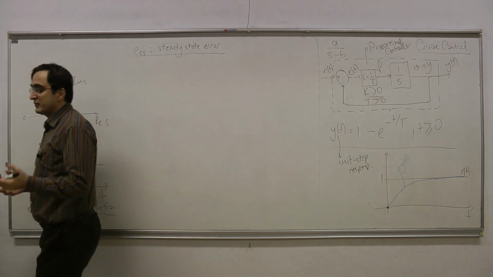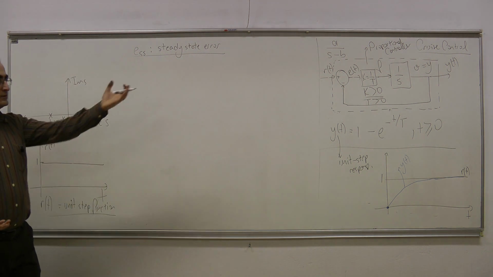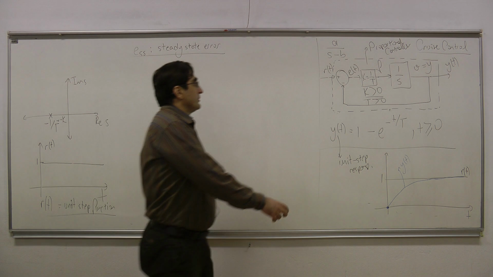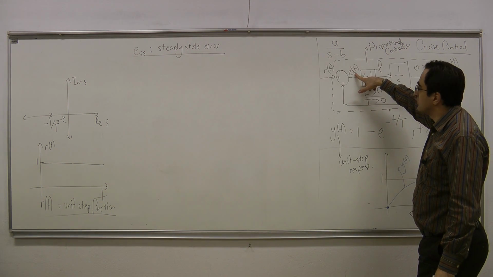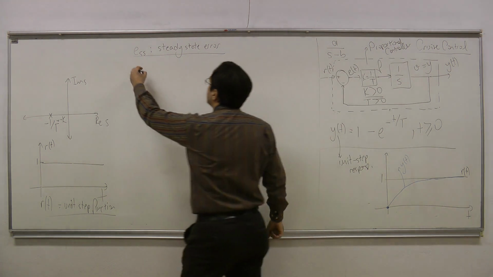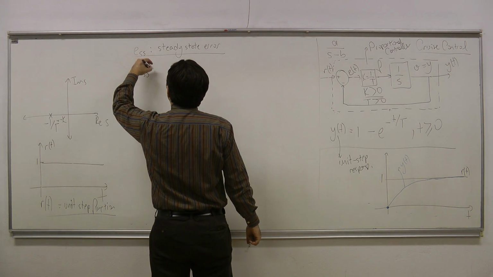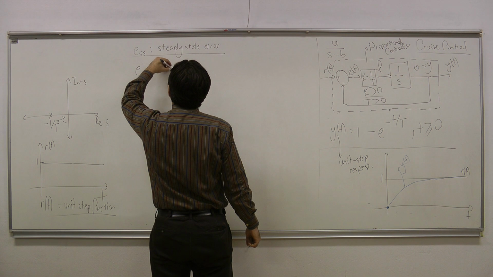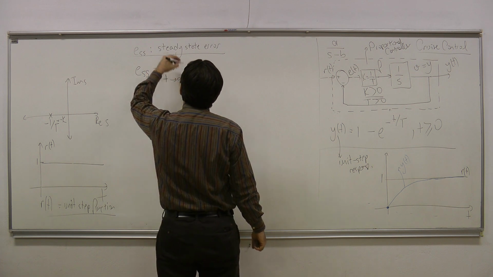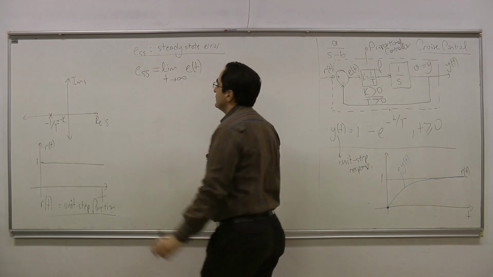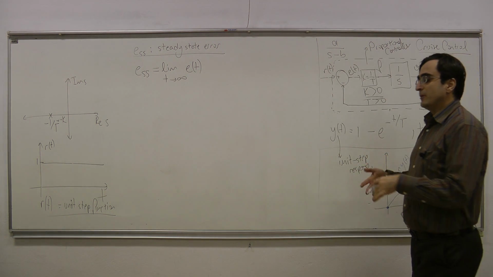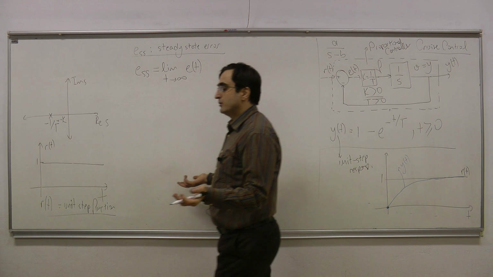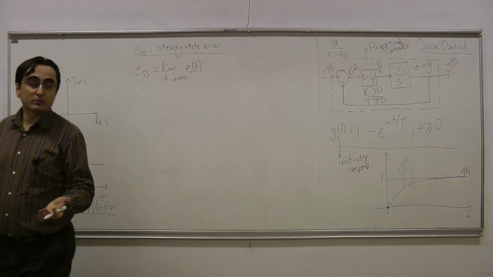What is the steady state error of this controller? It is going to be related to this signal e of t. Remember, this was called the error signal, and the steady state error is going to be defined as limit as time goes to infinity, the value of this error signal. Sometimes this is infinity, sometimes this is finite and non-zero, and sometimes this is equal to 0.